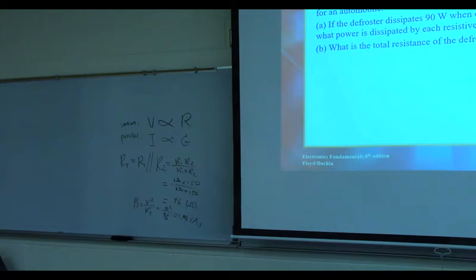For total resistance, it's 1 over R1 plus 1 over R2, and so on, so there are 8 then. The total equals 1.76. There are 8 of them in parallel. What is each one?